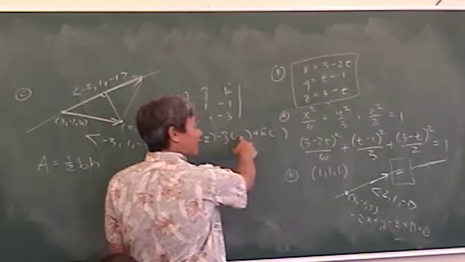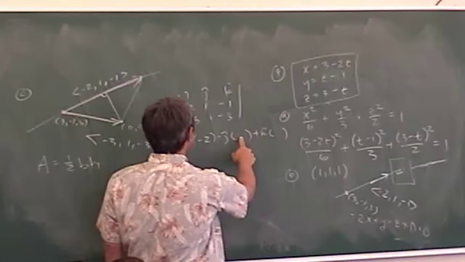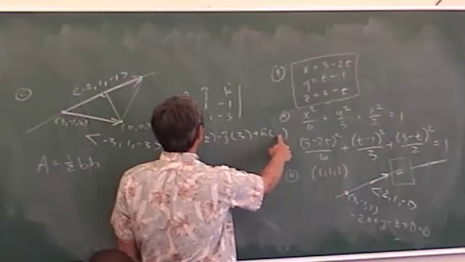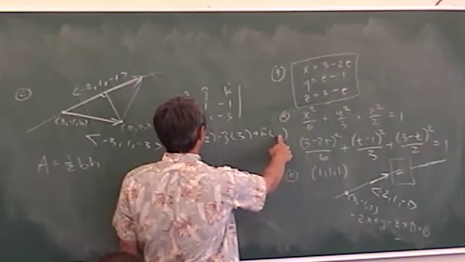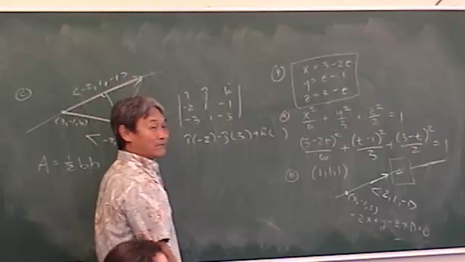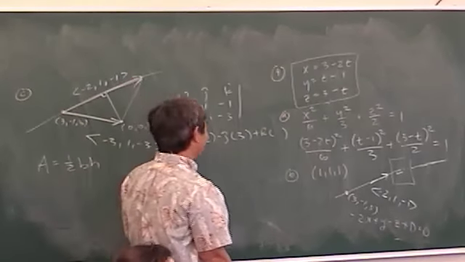What goes there? Read off your paper. 3. And then what goes there? 6 minus 3 is 3. That's wrong. Just say anything. 8 minus 5 is 3. 12 minus 4 is 8.